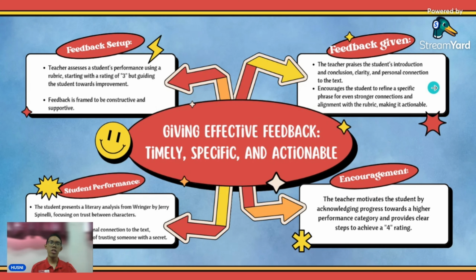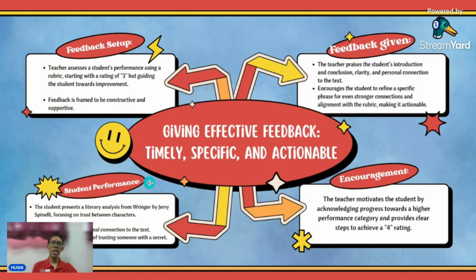Such as when the teacher asks the student to repeat that one phrase again, which I think it's about trusting someone. Yeah, trusting strangers, something like that. So it encourages the student to be more specific.